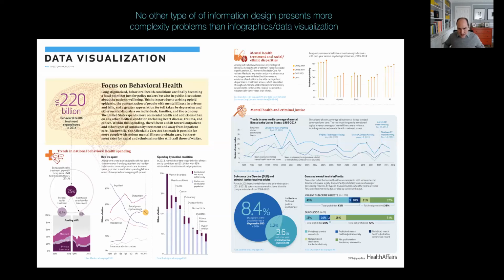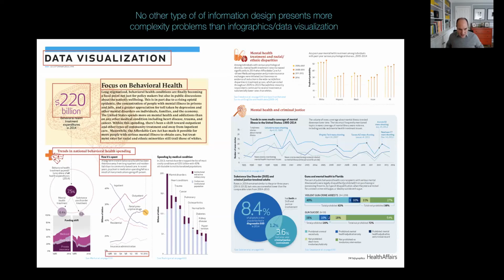And data visualizations make us face a lot of complexity problems related to the use of typography because they have so many levels of hierarchy. Look at this one. You have headline, introduction, subheads, titles for individual charts, introduction paragraphs.